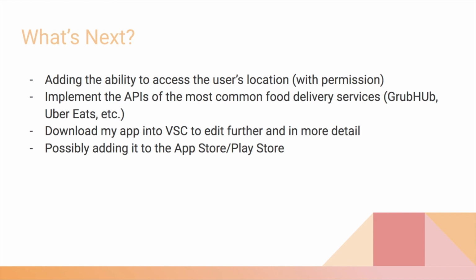I want to try and add Grubhub, Uber Eats, DoorDash, the main ones, so that I can offer the easiest and cheapest for those main companies. I also want to try and download my app into Visual Studio Code to edit it in more detail and add more services that Snack would probably restrict.